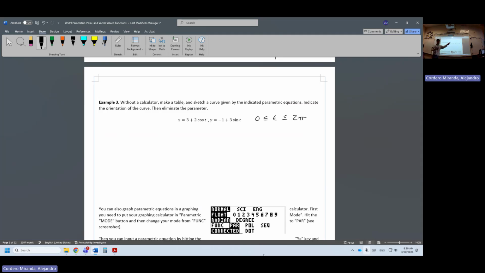Since these are sines and cosines, let me just set a 0 to 2 pi restriction. And then for the sake of making this easy, I'm just going to choose the axis values on the unit circle. And then if I need more detail, I'll fill in the pi over 4 and pi over 6 and all that stuff later. But you'll see that you don't even do that.